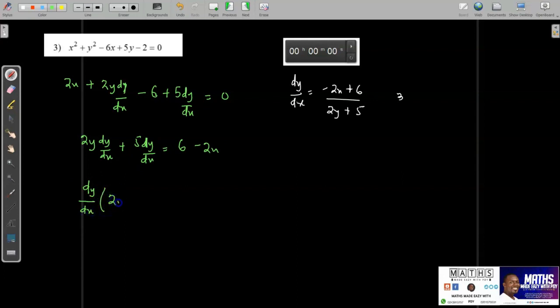Then you have dy dx times 2y plus 5 equal to 6 minus 2x. Then we divide both sides by 2y plus 5. Therefore, we will be left with dy dx equal to 6 minus 2x all on 2y plus 5.